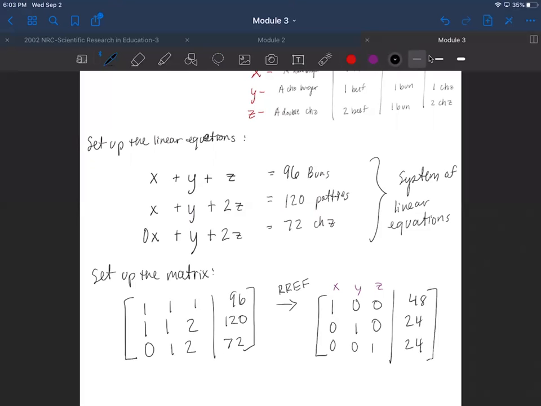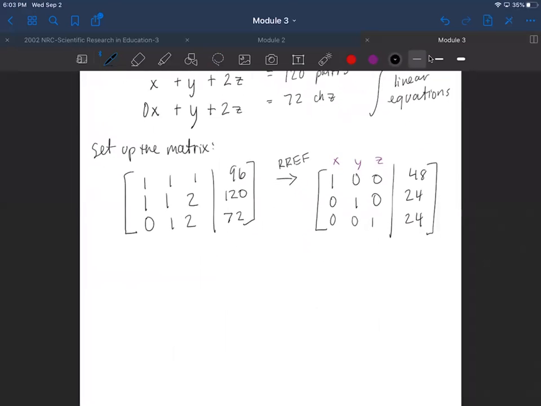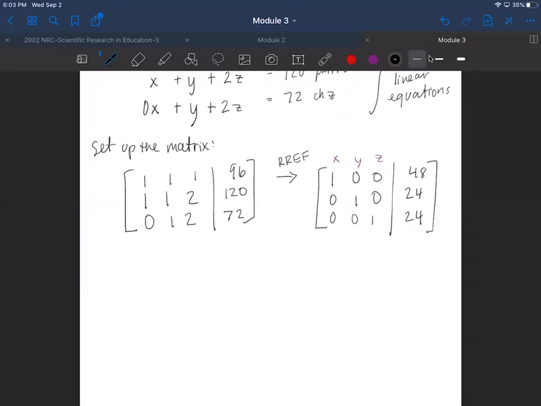Remember, I'm doing a problem with specific values, so your problem may not have the same exact values as me, but this is the same setup. So x equals 48, y equals 24, and z equals 24.